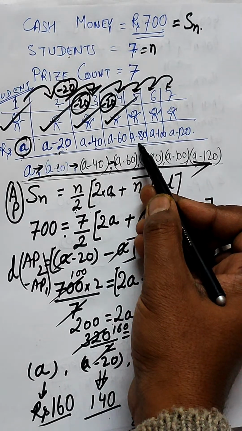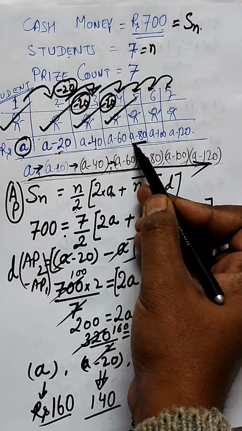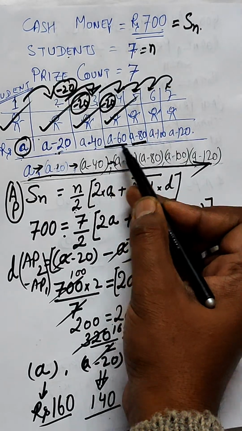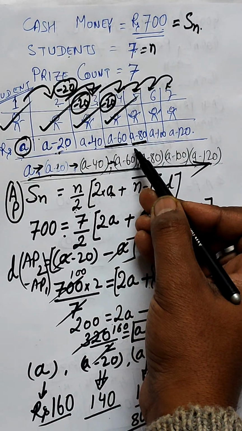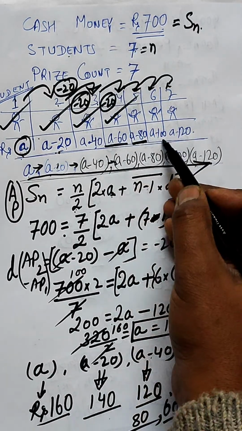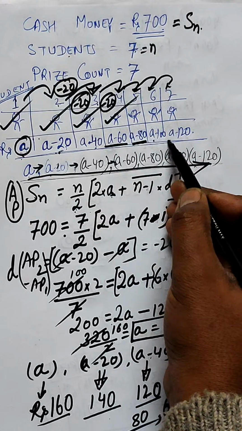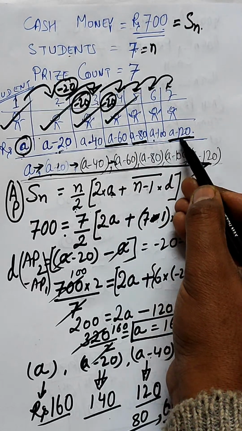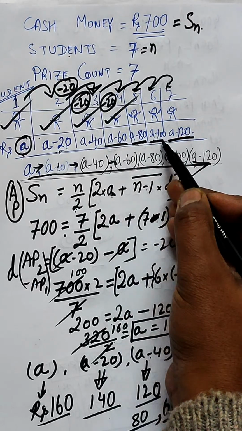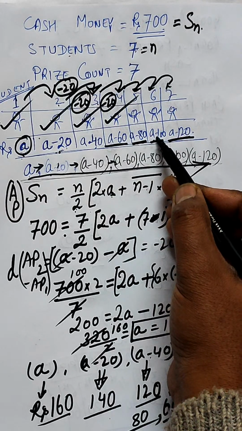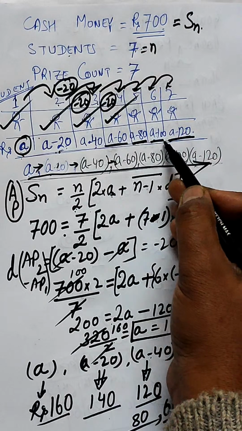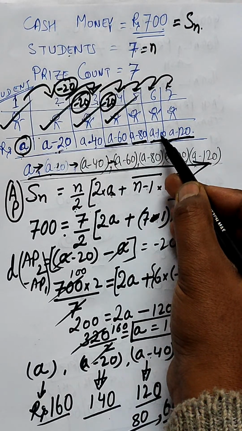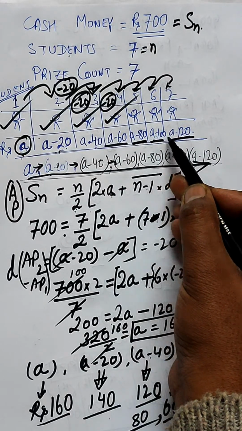Suppose you are taking the fifth term, then from the fifth term you just subtract the fourth term, a5 minus a4, and you will get the value of d, that is the common difference. Or when we are considering the seventh term, take the value of a minus 120 and subtract a minus 100, that is the sixth term, from the seventh term. So a minus 120 minus a minus 100 will be minus 20.